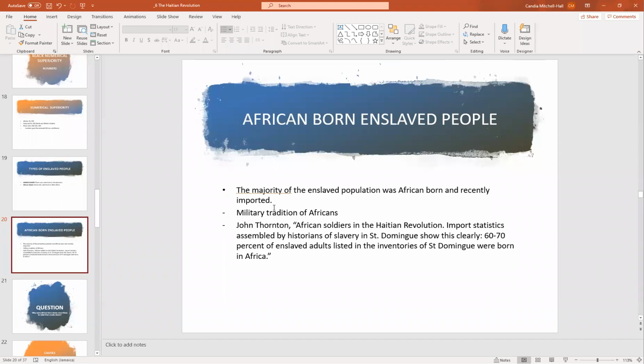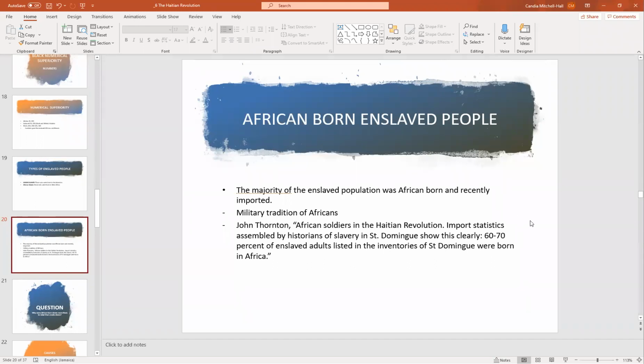And most of them were trained in the military. In fact, the historian John Thornton said that, regarding African soldiers in the Haitian Revolution, statistics show that 60 to 70% of the enslaved people in Saint-Domingue were born in Africa.